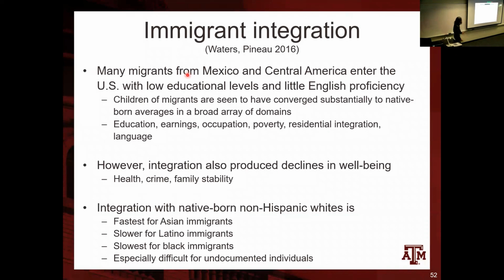This process of integration is fastest for Asian immigrants, slower for Latino immigrants, and the slowest for African American immigrants. And especially difficult for undocumented immigrants because they don't have the opportunity to move around and to get improved jobs and engage in some better occupations because they don't have a valid visa in the US, for example, right?